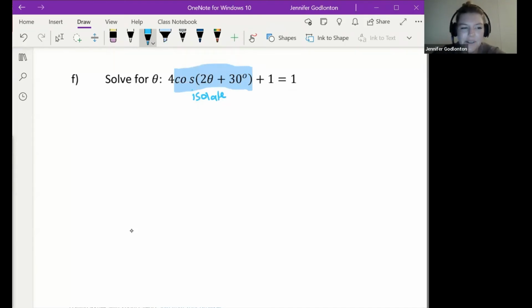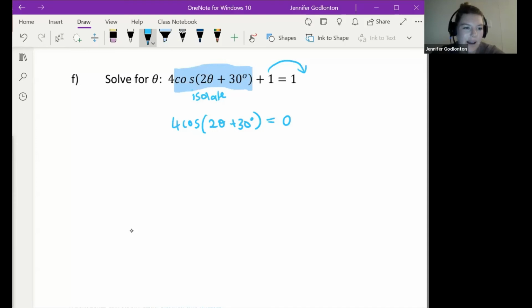Okay, I'm going to start with just the beginning parts, and I'm just going to isolate that blue bit. So I've got 4 cos 2 theta plus 30. And I'm going to move that 1 over. And so 1 minus 1 is going to give me 0.